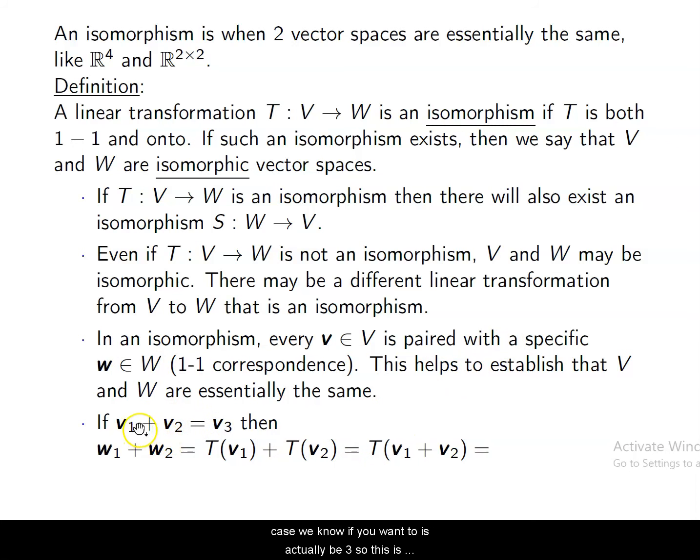Which in this case we know v1 plus v2 is actually v3, so this is really just the transformation of v3. Well, the transformation of v3, especially since it's a one-to-one correspondence, is going to get us w3. Right? So another way of saying this is that if v1 plus v2 is v3, then their mappings w1 plus w2 will equal w3.